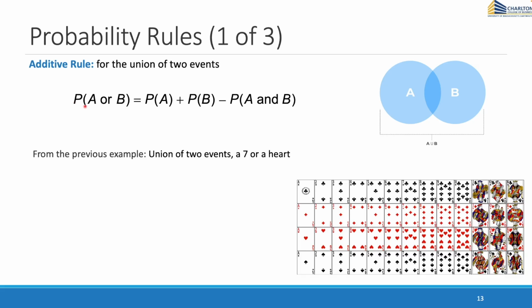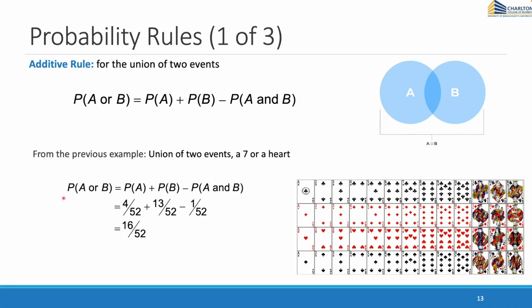So probability of A or B is equal to probability of A plus probability of B minus probability of A and B. For the same example, the probability that a 7 happens is 4 out of 52, these 4 cards, plus the probability that a heart card is drawn is 13 cards out of 52. Since we are double counting this 7 of hearts, we need to subtract one of those double counts. So minus 1 over 52 equals 16 over 52.